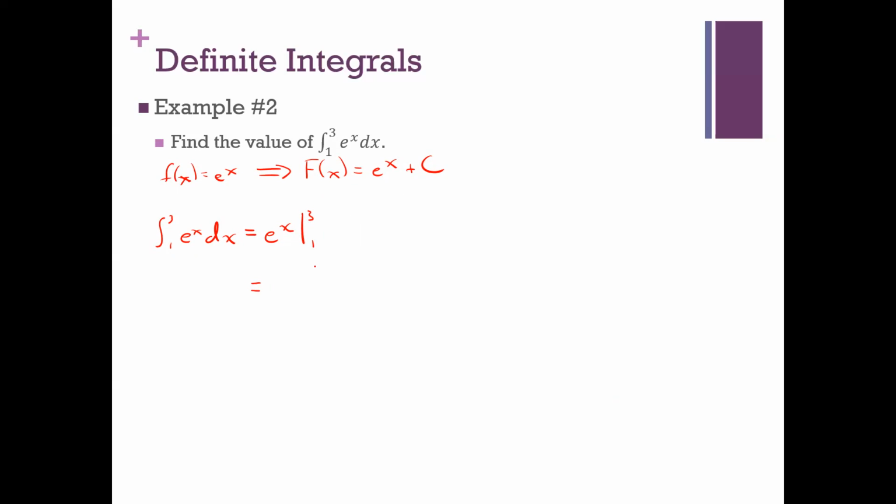So what's my final result going to be? E to the third minus e to the 1, or yeah, e cubed minus e.